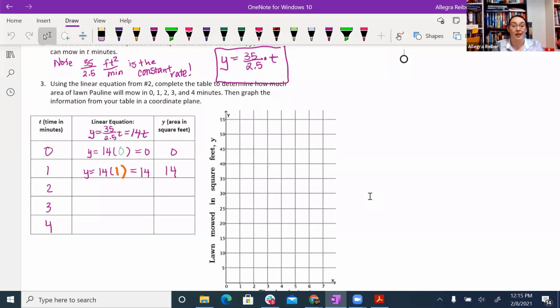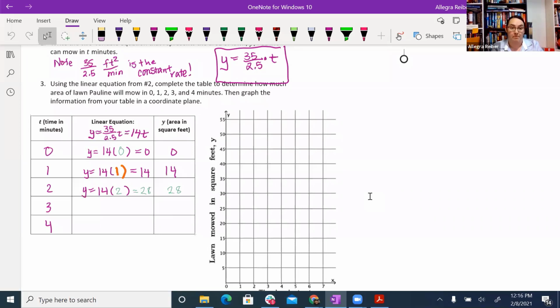Over 1 minute of time, she is able to mow 14 square feet. If we go for 2 minutes, we're going to replace t with 2 now. So 14 times 2, and we get 28 square feet.